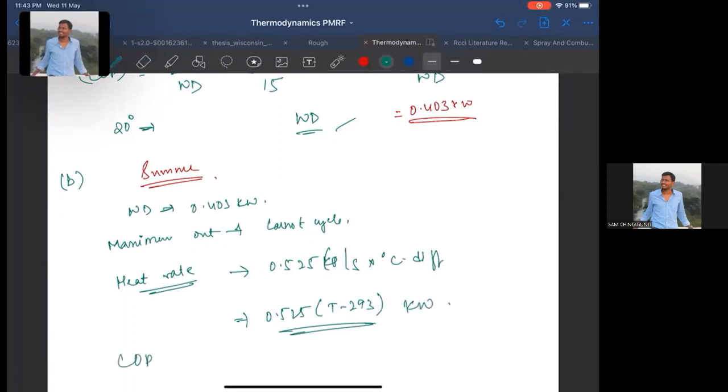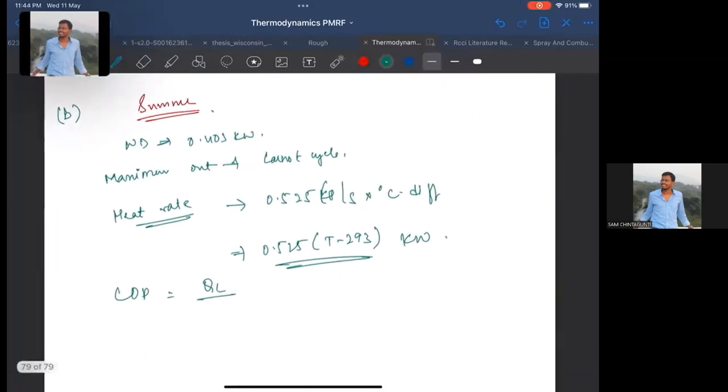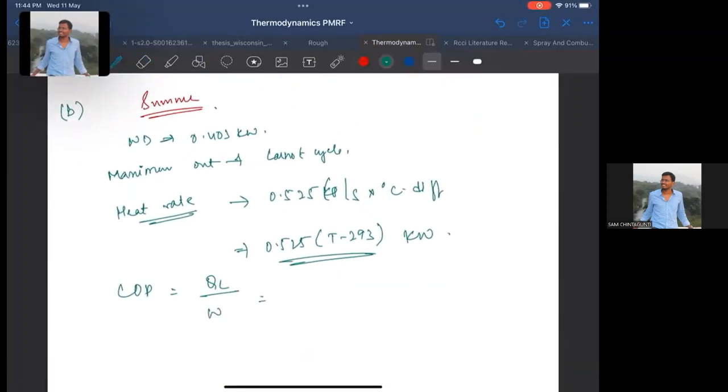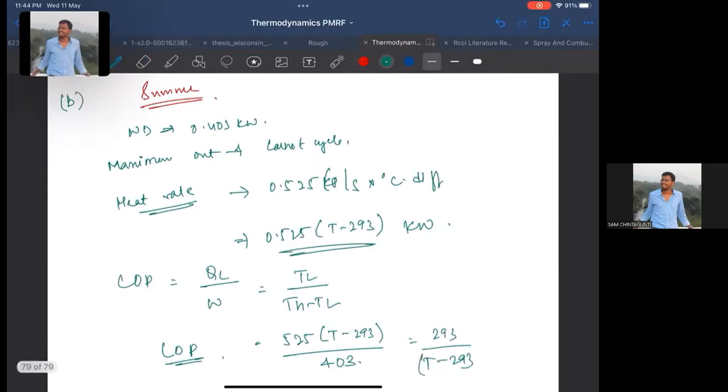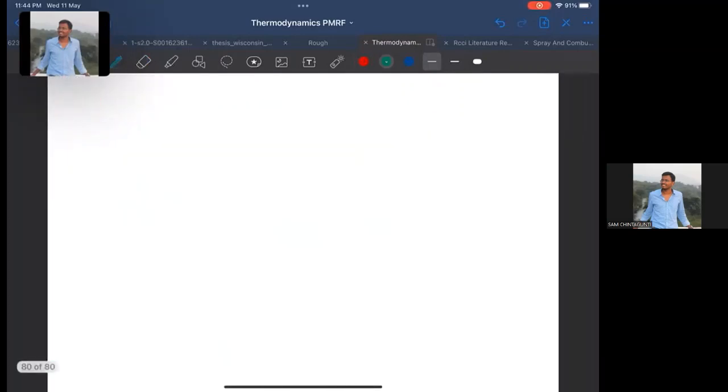So COP is equal to QL by W, that is equal to TL by TH minus TL, that is equal to 0.525 into T minus 293 by 0.403, is equal to 293 by T minus 293. So on solving this, you get T is equal to 308 Kelvin.